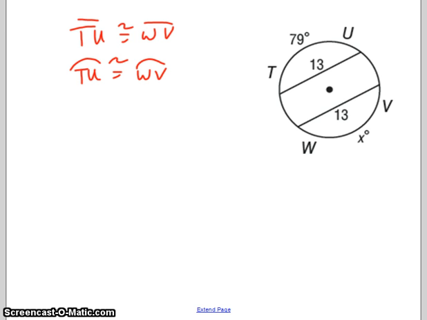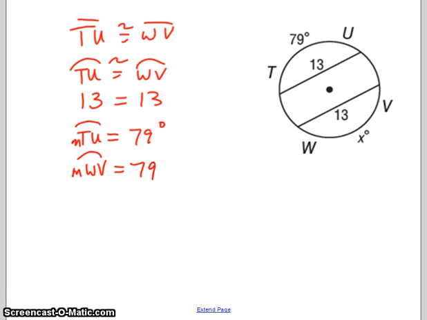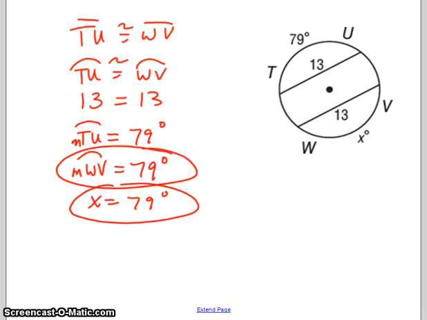And if arc TU is 79 degrees, then measure of arc WV is 79 degrees. Alright, so therefore x equals 79 degrees. Okay, so that's the first rule with the arcs and the chords.